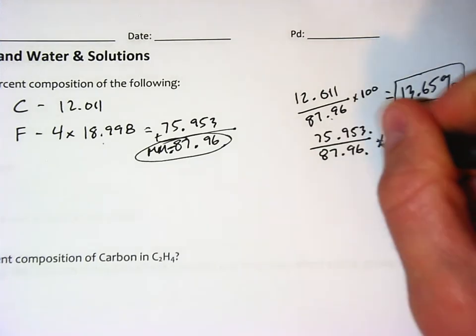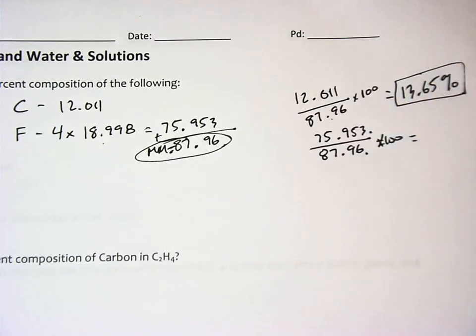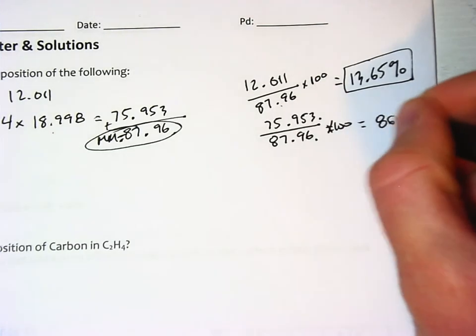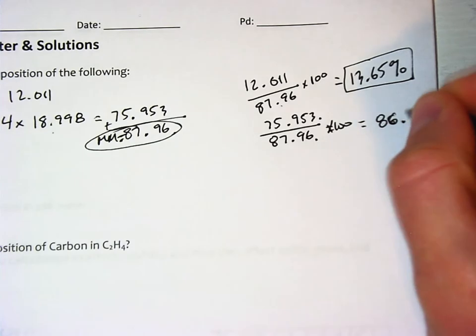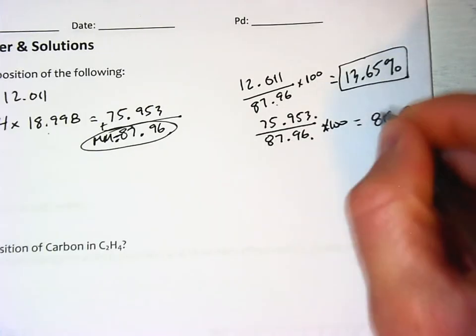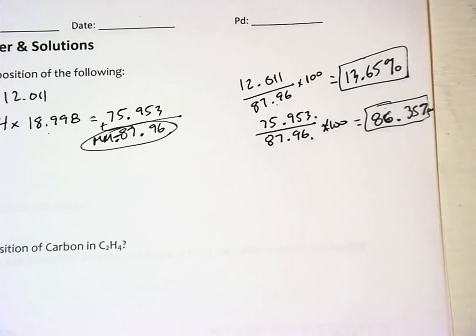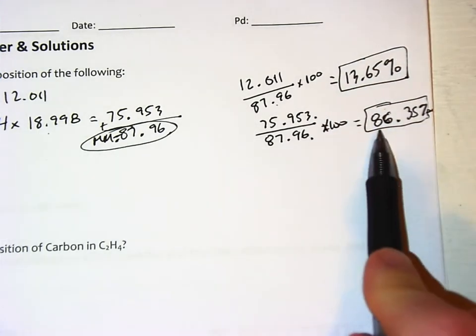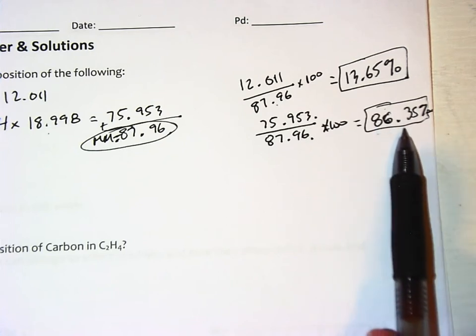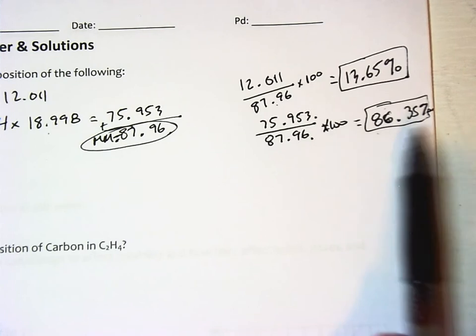When I multiply that by 100, it's going to give me a percent composition of 86.35%. Okay, so fluorine makes up 86.35% of that compound.